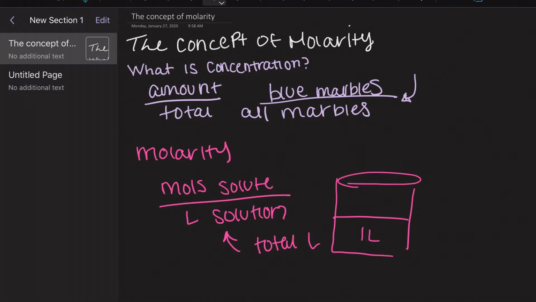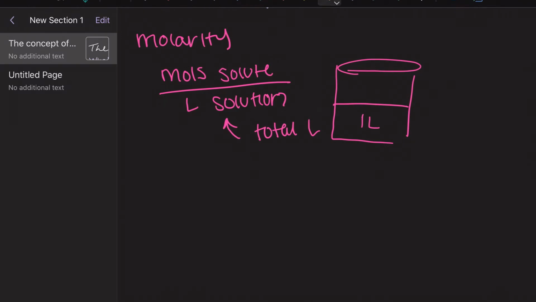This is helpful in chemistry because a lot of times things are aqueous, or AQ. And that means that it's a solid dissolved in a liquid. And this means that you can have various concentrations of what you're working with.